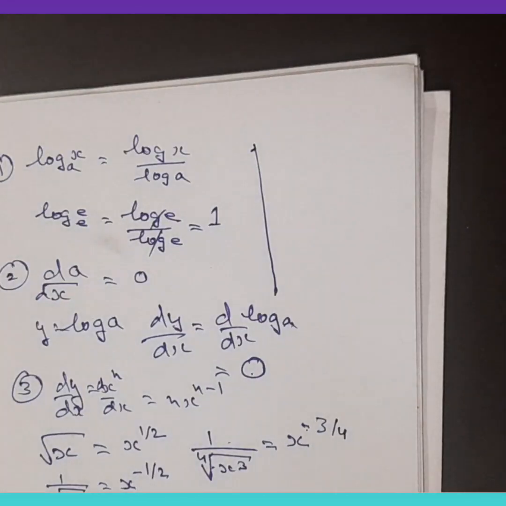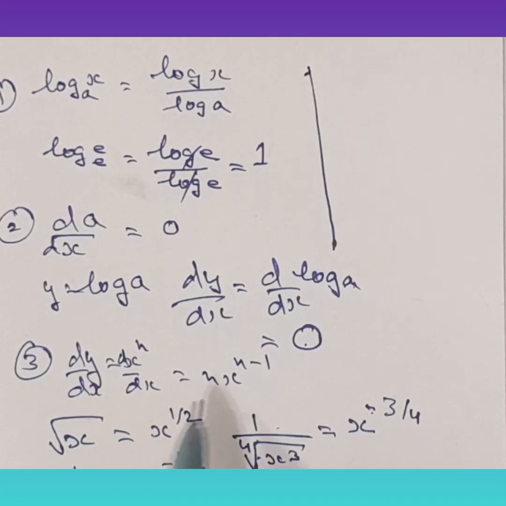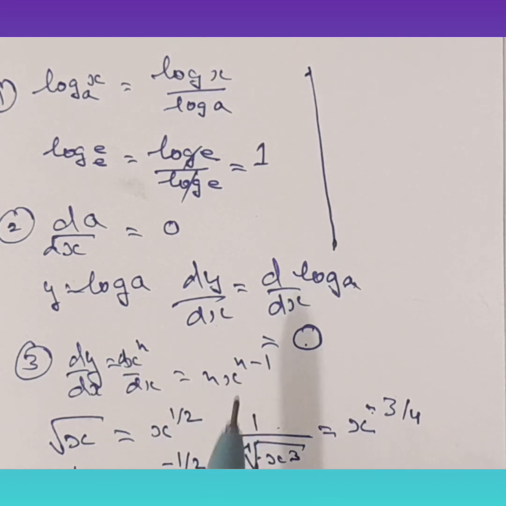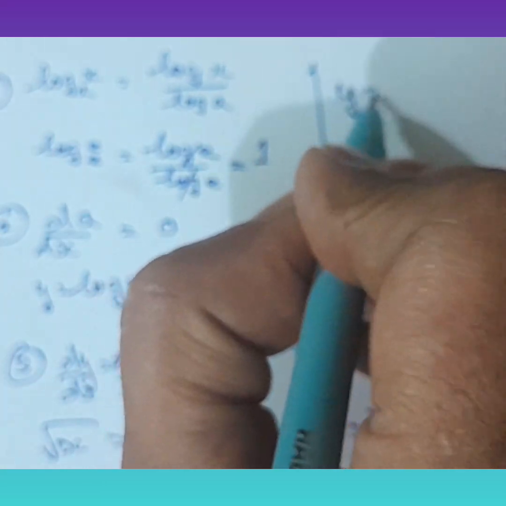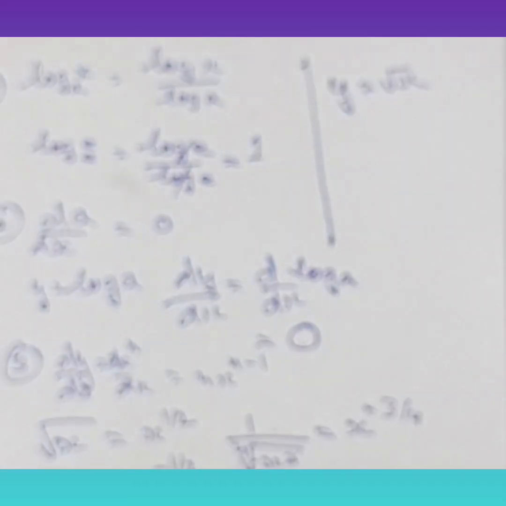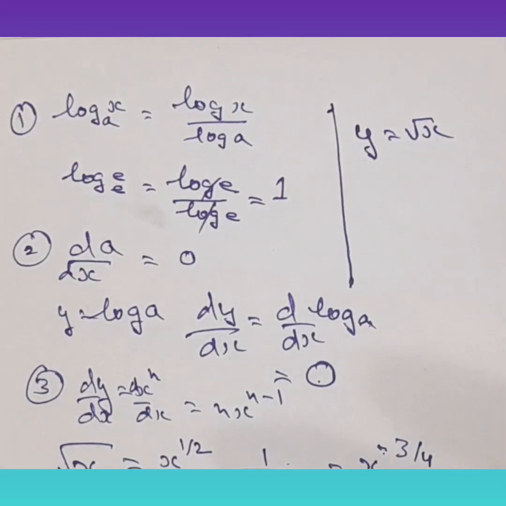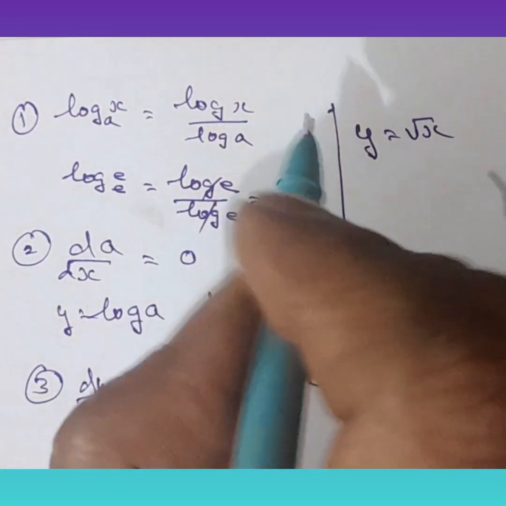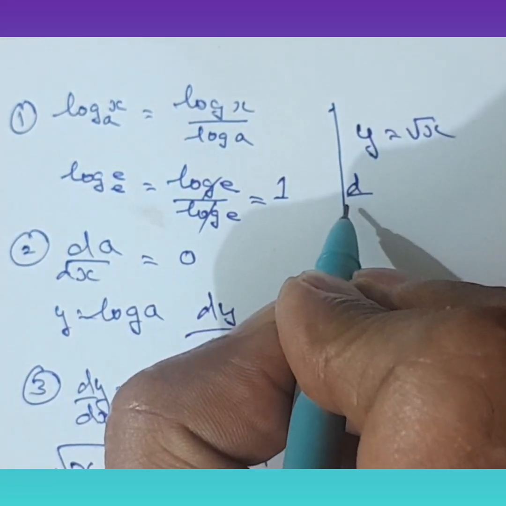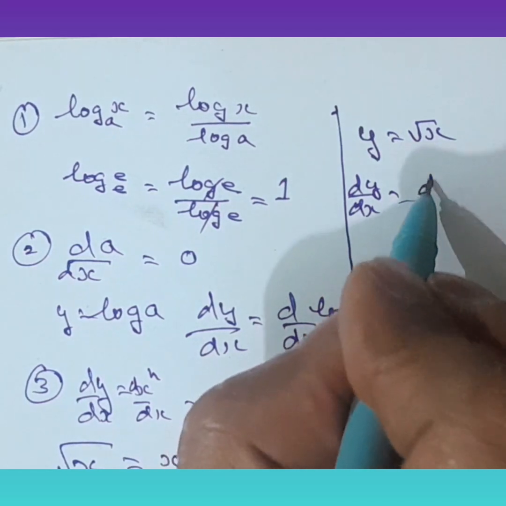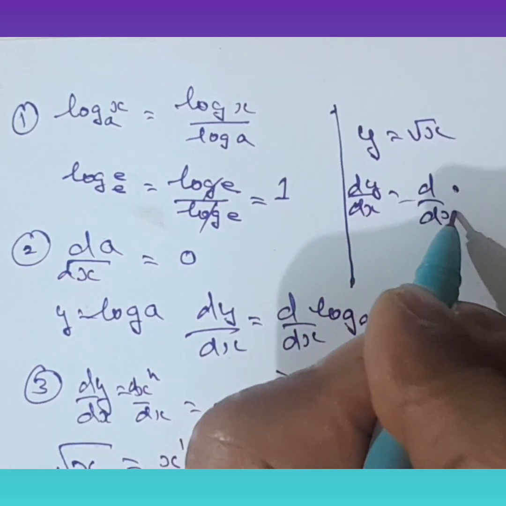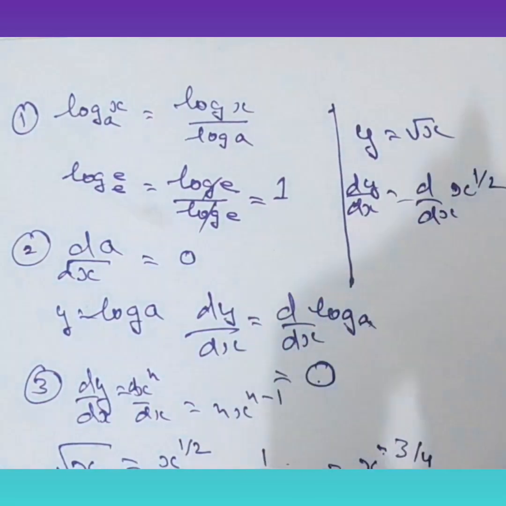Now in this case, we know this formula, right? d by dx of x raised to n is equal to n x raised to n minus 1. So if y is given as root x, then d by dx of y would be d by dx of x raised to half.